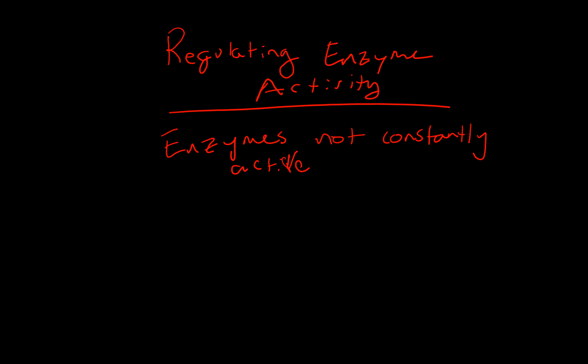And so, if you have to have a minimum sucrose concentration, having sucrase just constantly active is bad because it will eventually run you out of sucrose. So, enzymes tend to not be constantly active, which means we often have states where they are either able to be turned on or turned off.